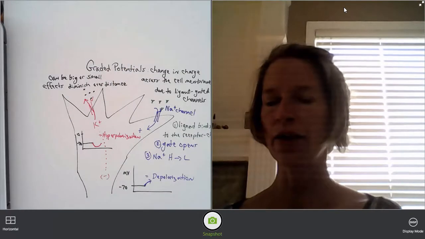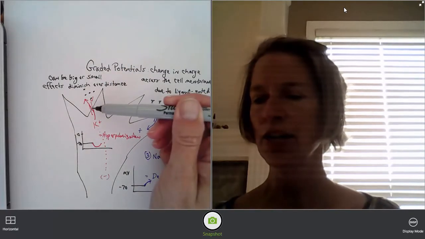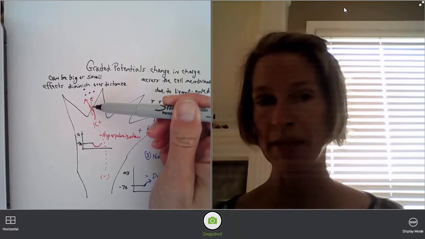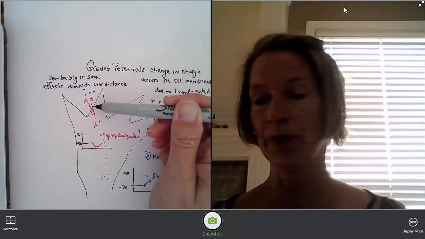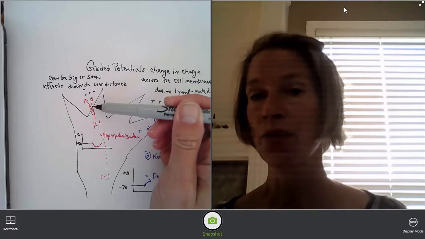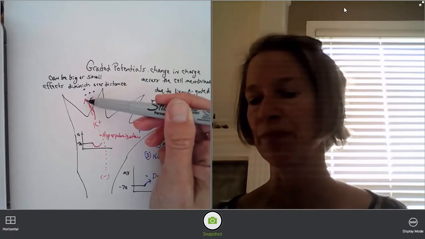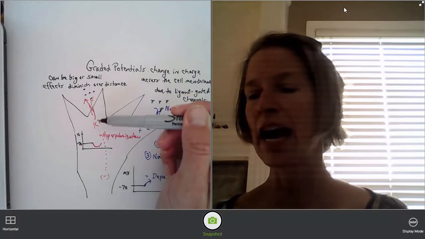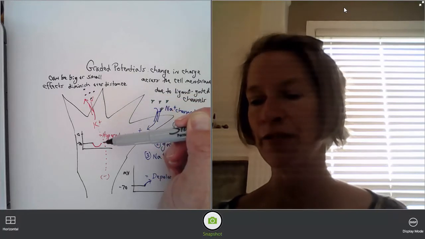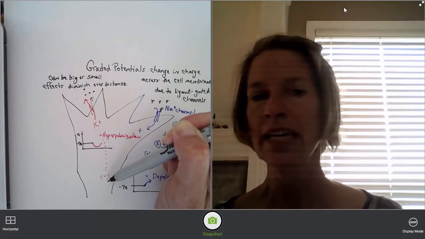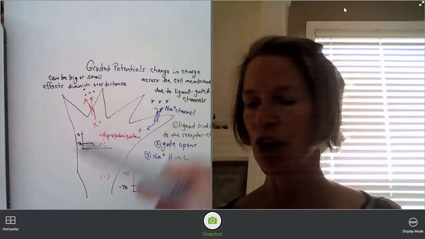So way out here at the dendrite, where you have the cause of the graded potential, because that's where the channels are located, where the ligand binds, will cause hyperpolarization. As that negative effect or negative current travels through the cytoplasm, it will diminish over distance.